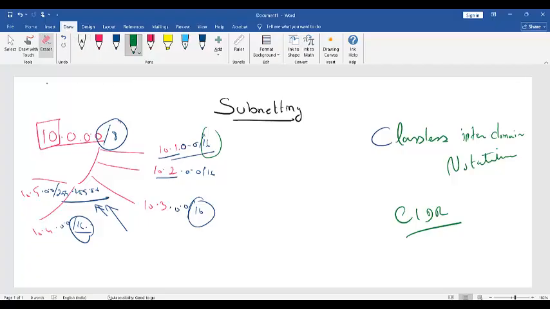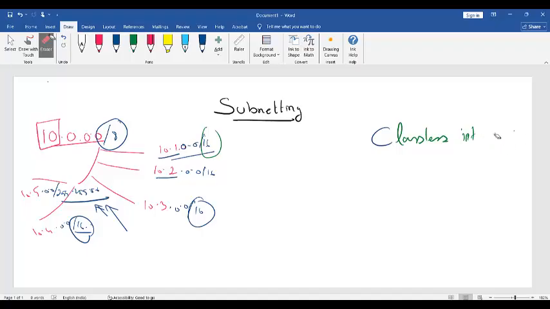Now, for subnetting, we are going to give more bits for networking than the default. That's the secret behind doing subnetting. That's the way that we do subnetting. We give more bits than the default.